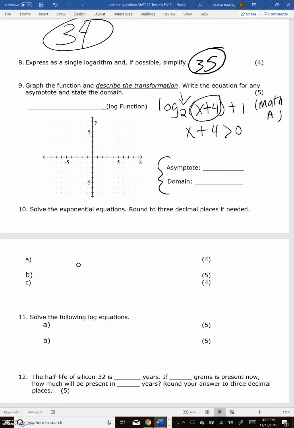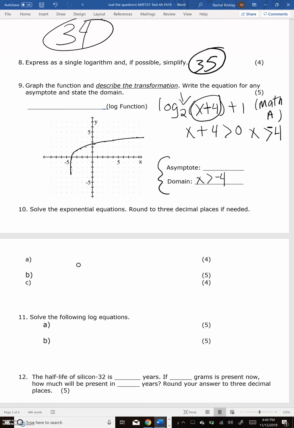If you subtract 4 from both sides, we know x must be greater than 4. Negative 4, sorry. And that's our domain: x must be greater than negative 4. And when you graph it, you realize that that's kind of what it looks like.